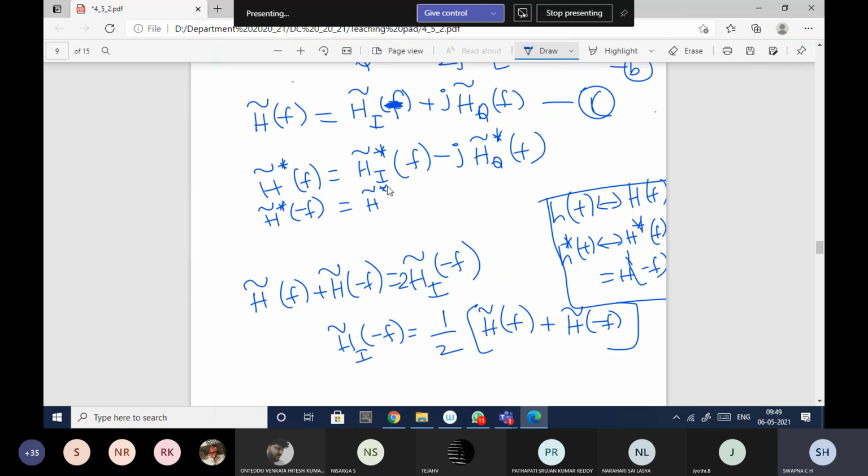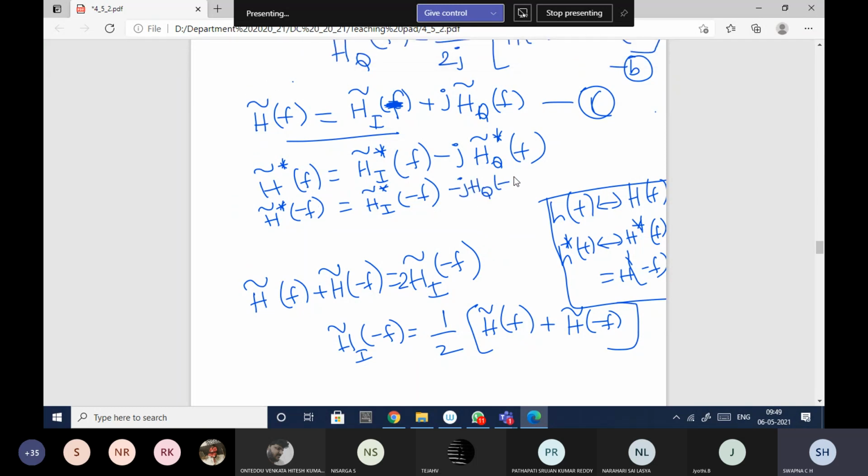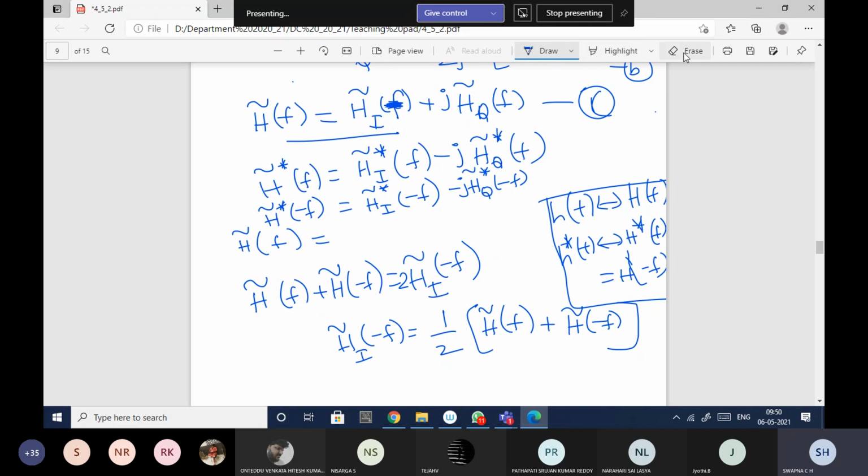First, what I'll do, I'll replace f with minus f. Okay, this is the first equation. This is the second equation which I've taken. From the second equation, I'm just replacing f with minus f. So minus j h_q of minus f. Okay, so this will become h star of minus f, it will be plus f, which will be equal to, okay, I will not eliminate the left hand side.